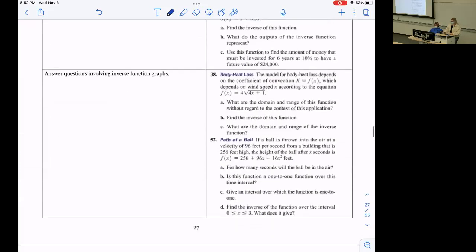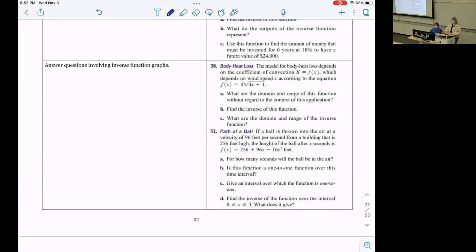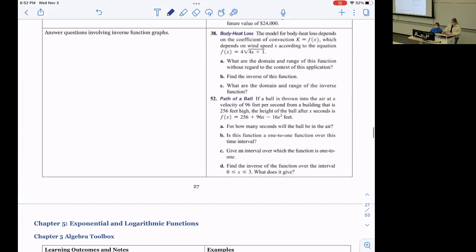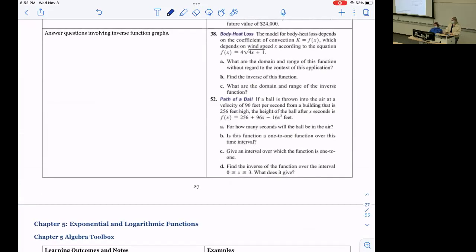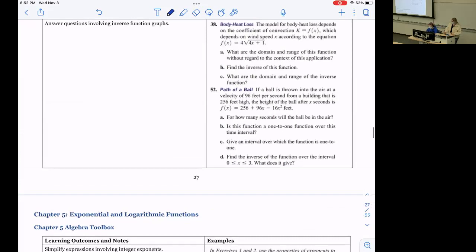Answer questions involving inverse function graphs. Do we have any questions about 38 through 52? All right, so that is the end of chapter 4. We have somebody for 38. 38. Okay.